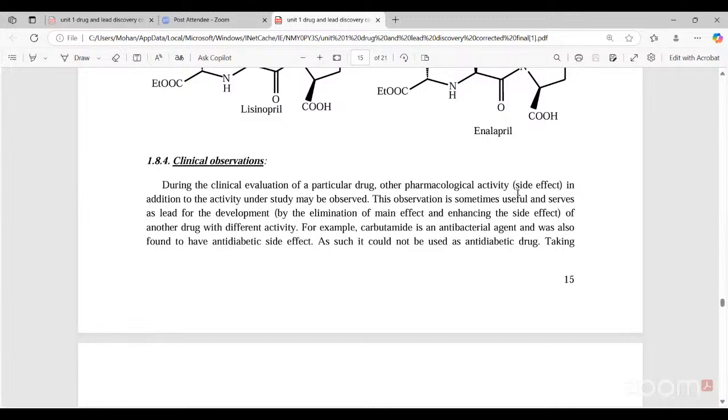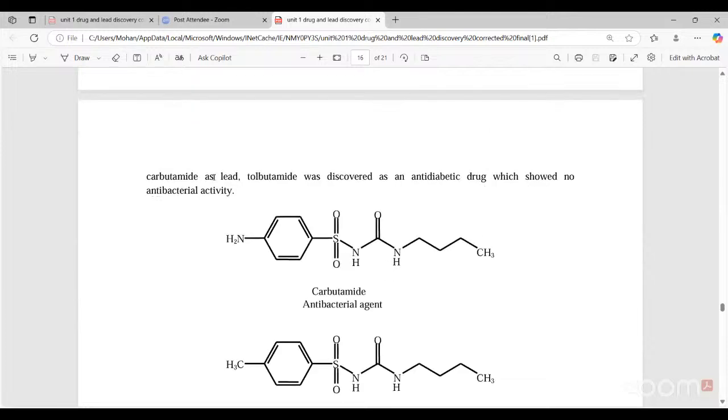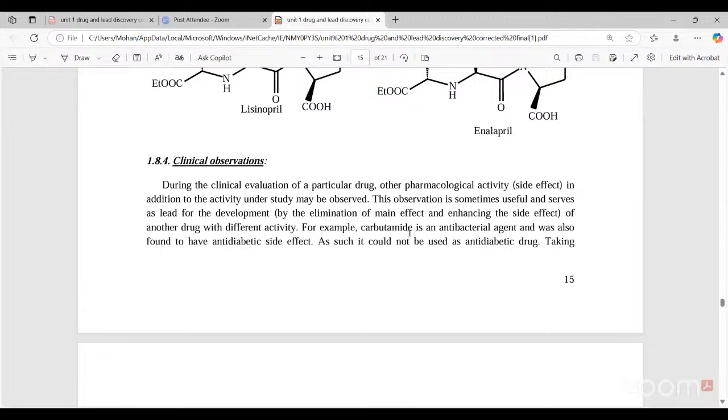So it has multiple functions. As such, it could not be used as an anti-diabetic drug. So taking carbutamide as lead, a new anti-diabetic drug was discovered which showed no antibacterial activity.